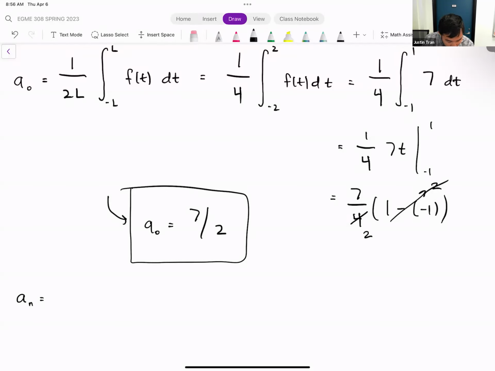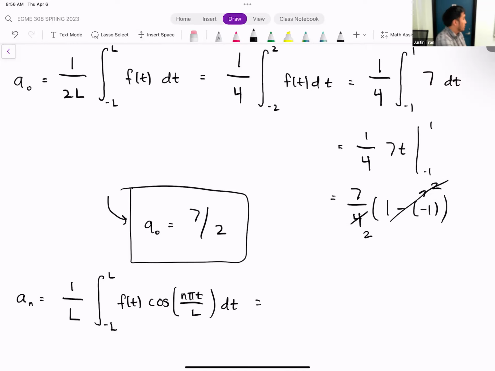Our formula for AN is 1/L integral from minus L to L of f of t times cosine of n pi t over L dt.